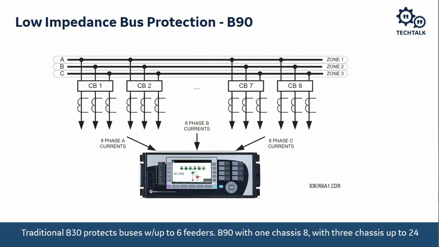So with 3 B90s in that phase segregated arrangement, I can protect a bus that has up to 24 breakers connected to it. Now, a bus that has 24 breakers connected to it is a pretty big bus, and that would cover most of the buses that we would find out in the wild.